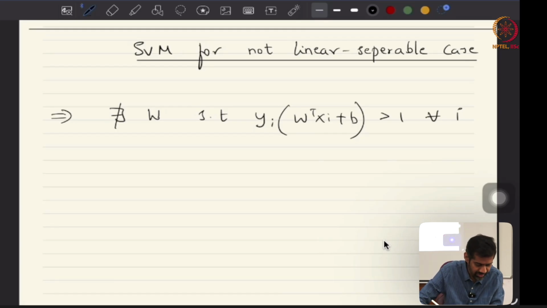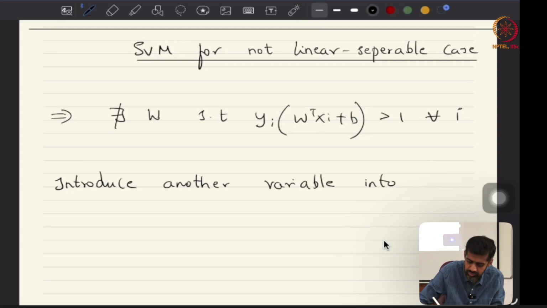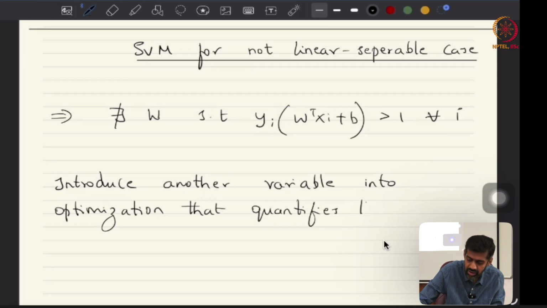The way to do it is to introduce another additional variable into the optimization that quantifies the extent of misclassification.